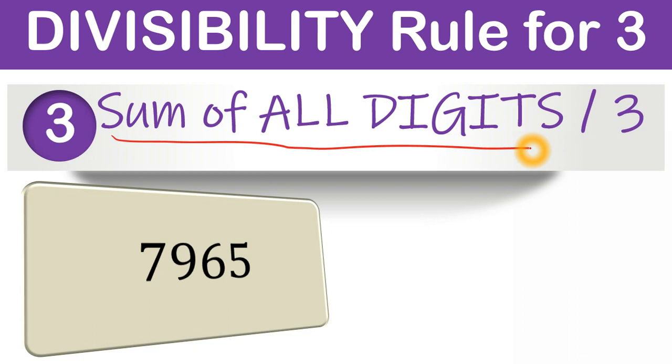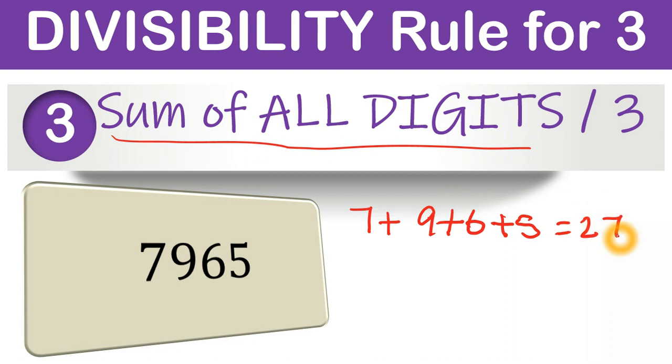For example, in the number 7965, the sum of all its digits, that is 7 plus 9 plus 6 plus 5, is equal to 27, which is divisible by 3. Thus, we can find out that the number 7965 is divisible by 3.